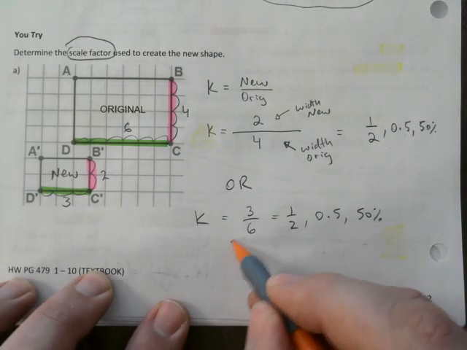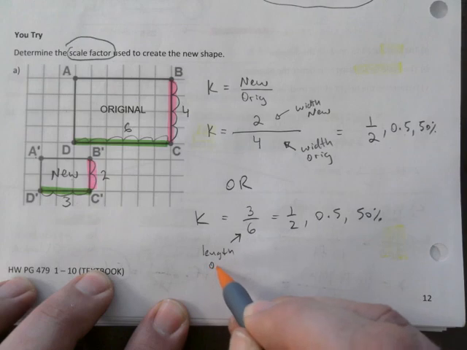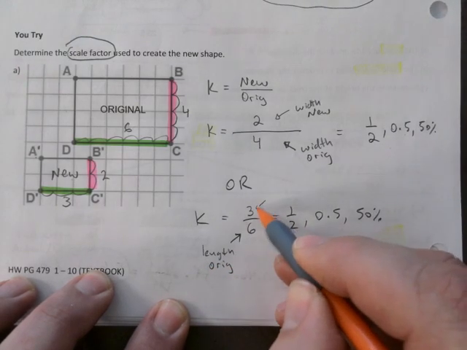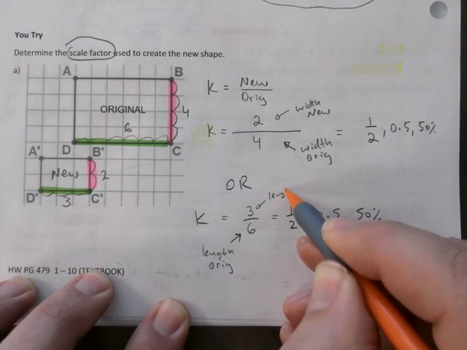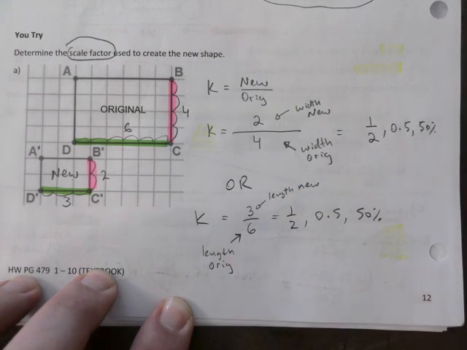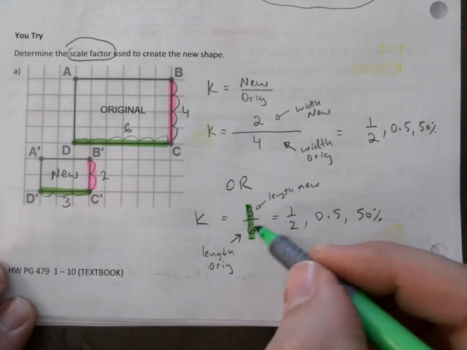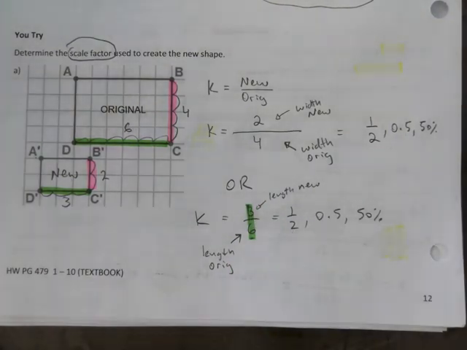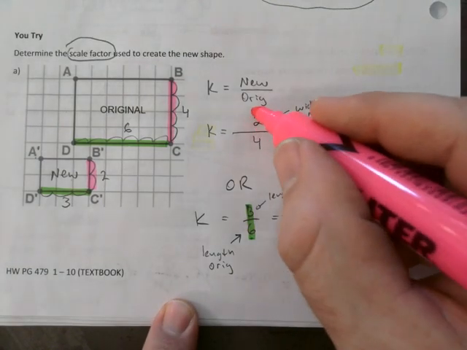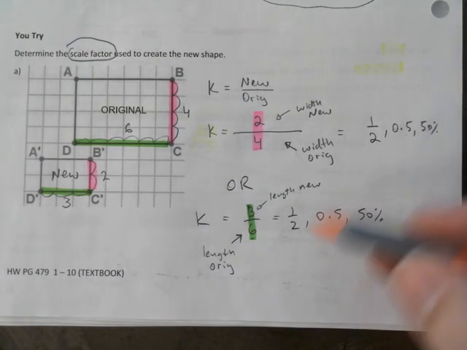This would be the length of original. This is the length of the new, in this case. Maybe I'll do one of these here. I compared the green and I compared the pink values there. Regardless of how you do it, if you have a question like this, you should come up with the same scale factor.